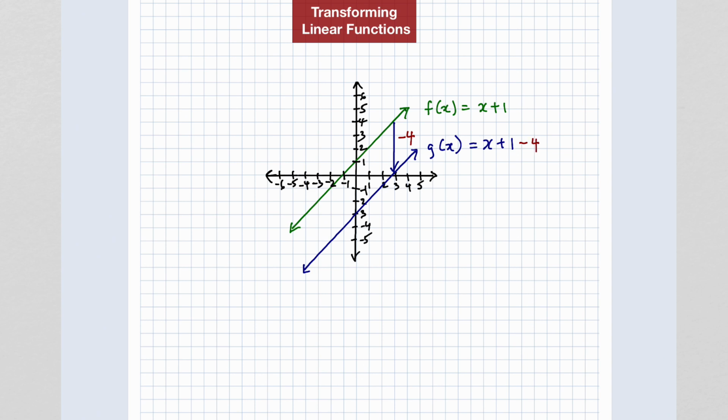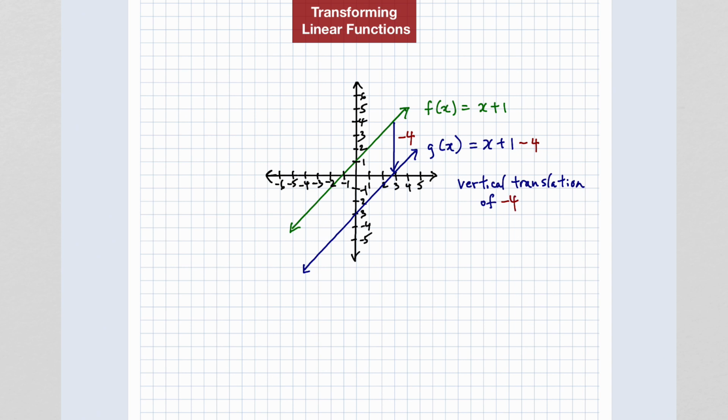And this is called a vertical translation of negative 4.